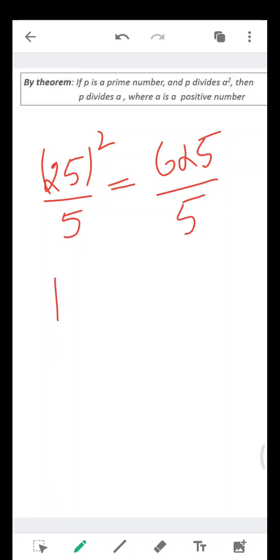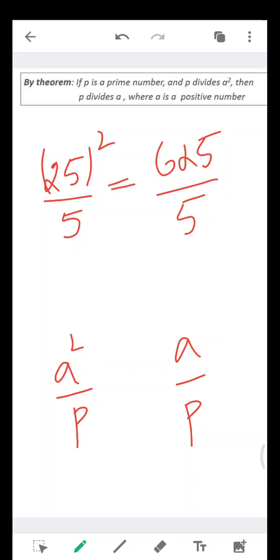The theorem is, if p divides a square, then p divides a also. This is our theorem. So here I am taking a as 25.